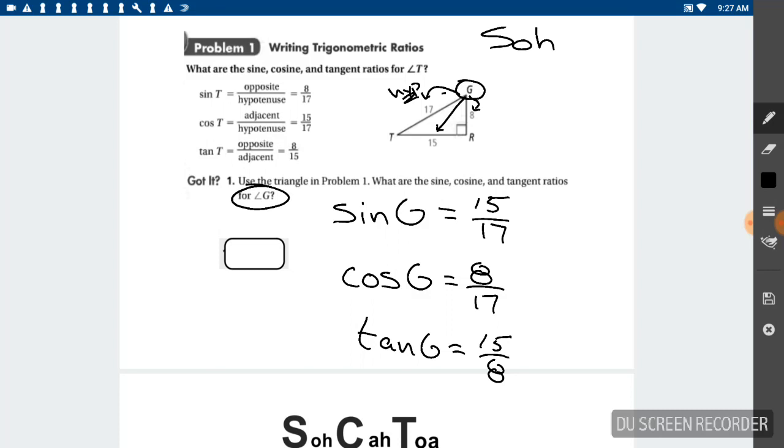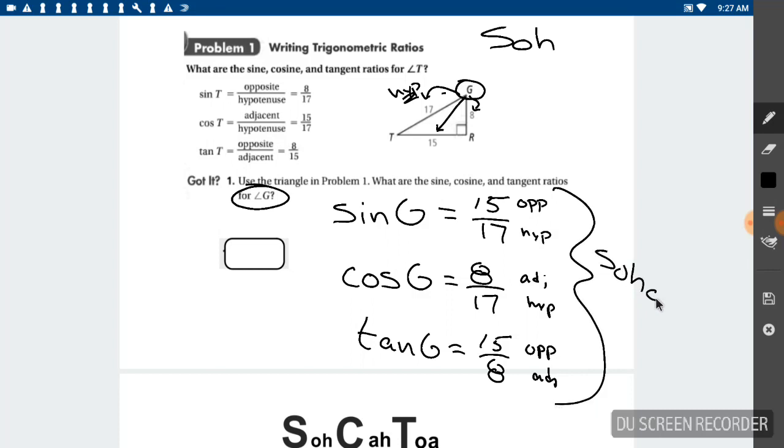So if I'm using my acronym, opposite, hypotenuse, adjacent, hypotenuse, opposite, adjacent. So there's your SohCahToa. All right, so that's just the first problem, is just setting up the actual ratios.